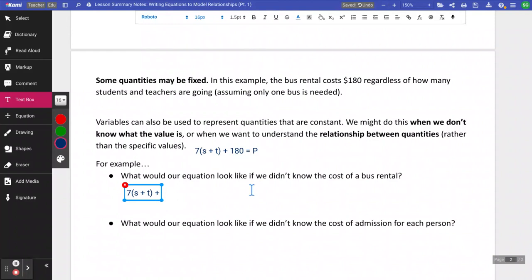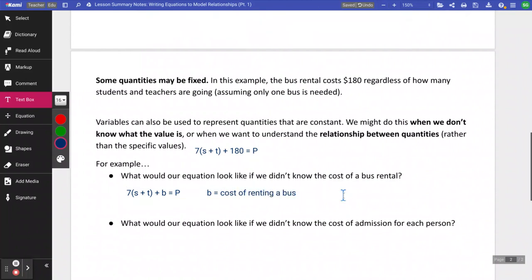I do know there would be addition there. So I'm still going to put that plus sign because I know I would have to add in the cost of my bus. But if I don't know that 180 price, if I don't know how much it costs, I could just use another variable. So maybe I want to use B, and I would have to tell you that B is going to represent the cost of renting a bus.